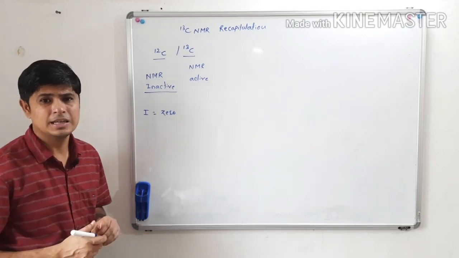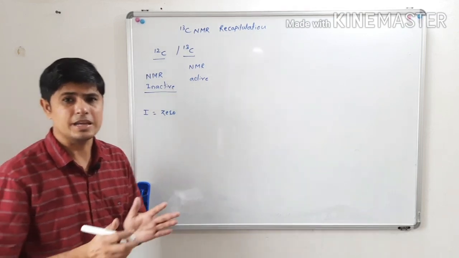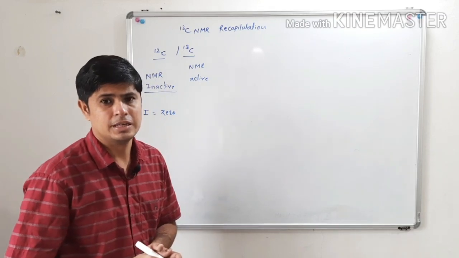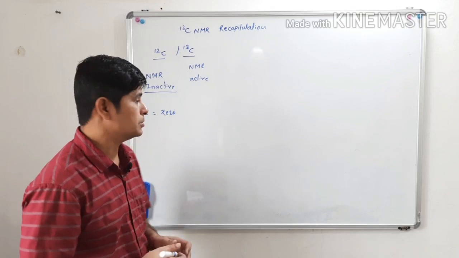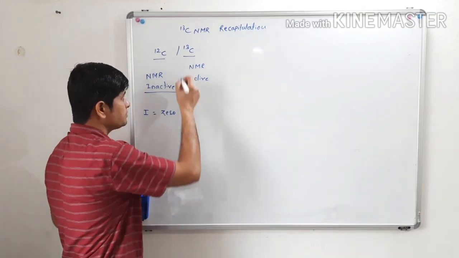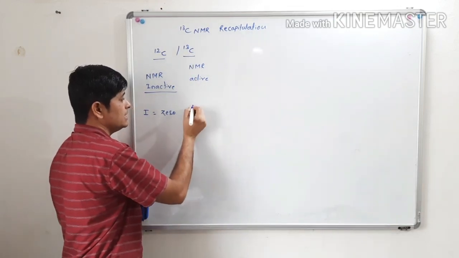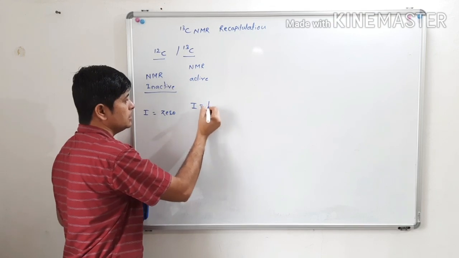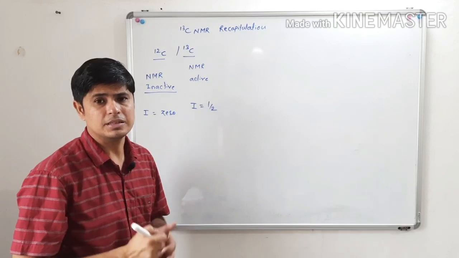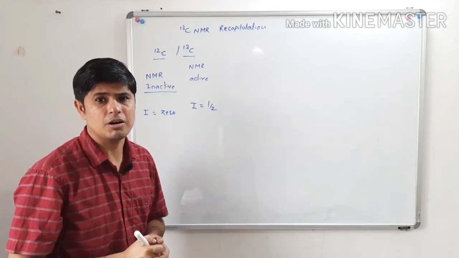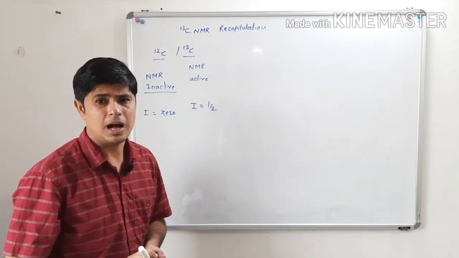It has an even number of protons and an even number of neutrons, hence its I is 0. While carbon 13 has spin quantum number I equal to half.